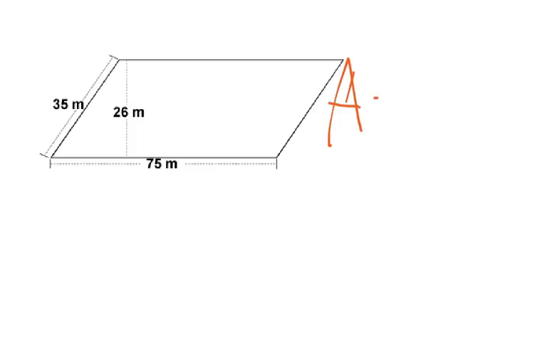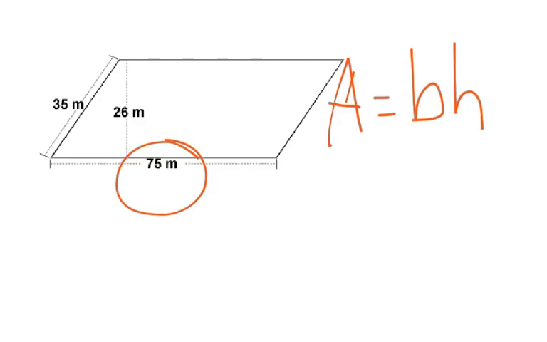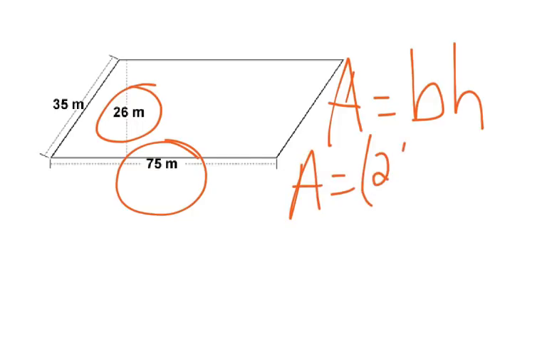So for a parallelogram, the formula is area equals base multiplied by height, where 75 meters is the base, 26 meters is the height. So all I'm going to do is plug that in. Area is equal to 26 multiplied by 75.